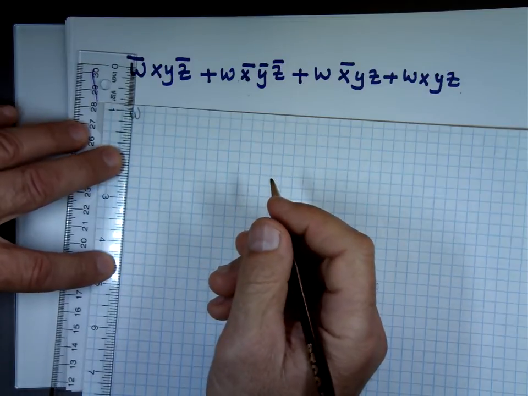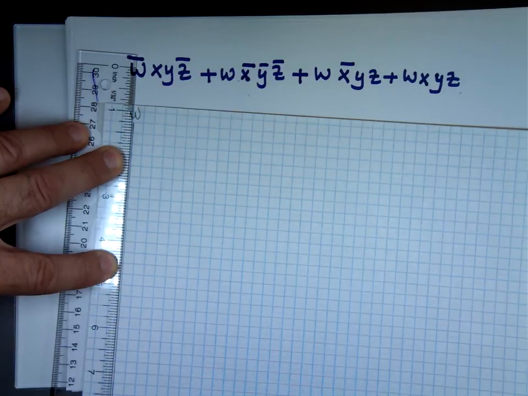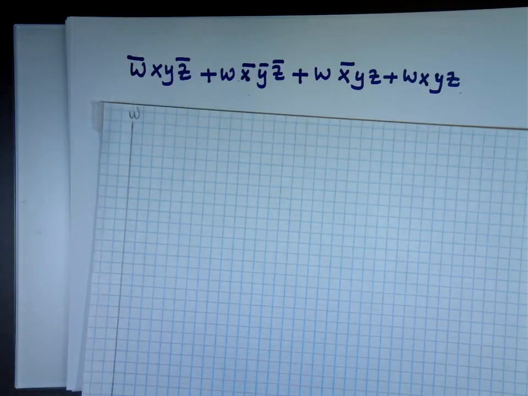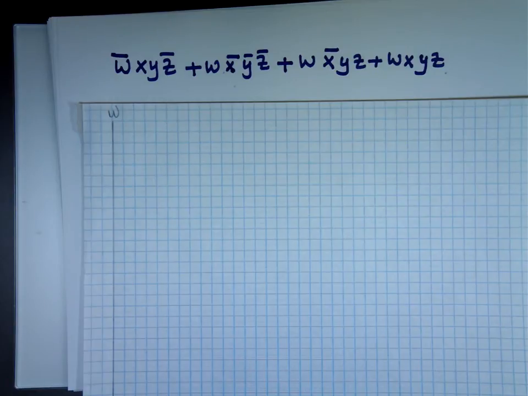And I'll run a line like this. Can you see it? Yep. I can actually use just a pen instead of a pencil. Normal pen, standard pen. Here we go. So this is the W.